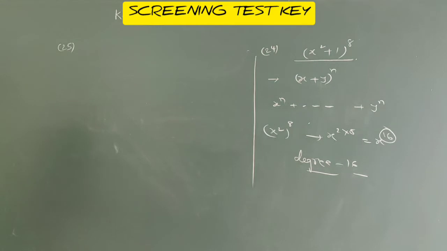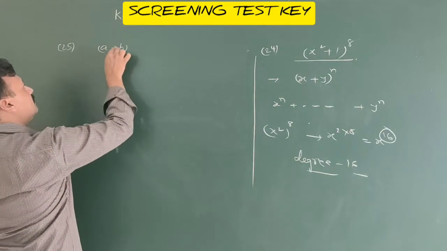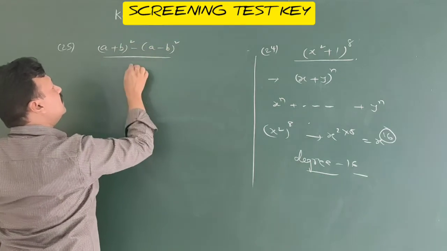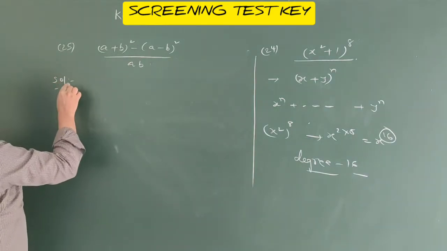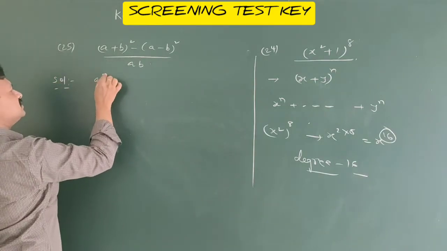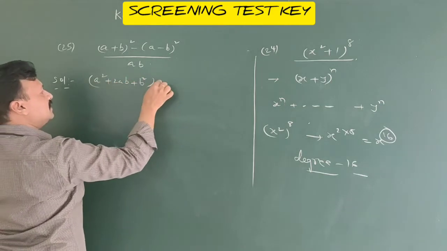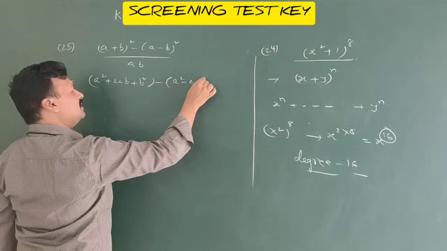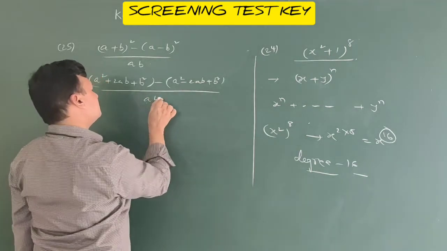Here 25th one is (a plus b) whole square minus (a minus b) whole square by ab. If you expand (a plus b) whole square, a square plus 2ab plus b square. If you expand (a minus b) whole square, a square minus 2ab plus b square, by ab.